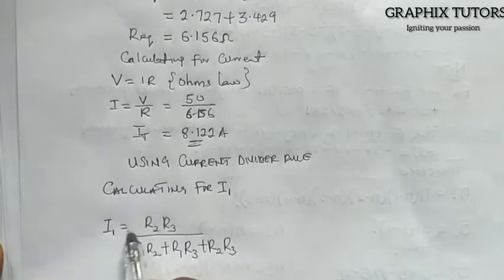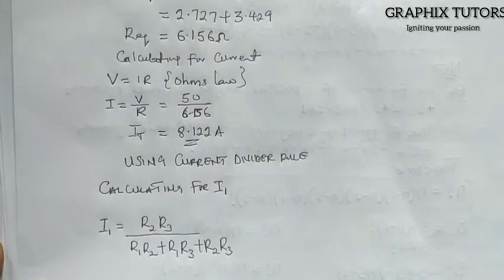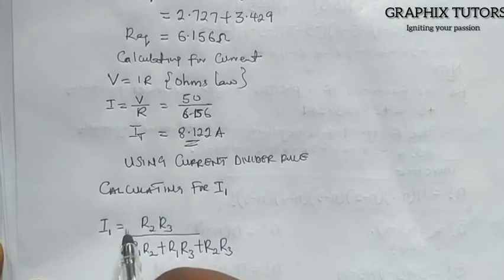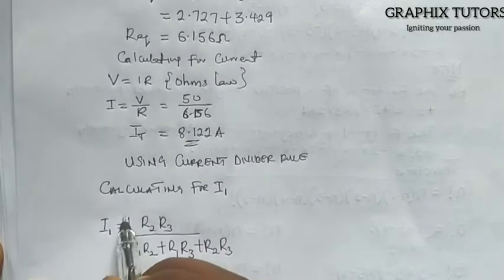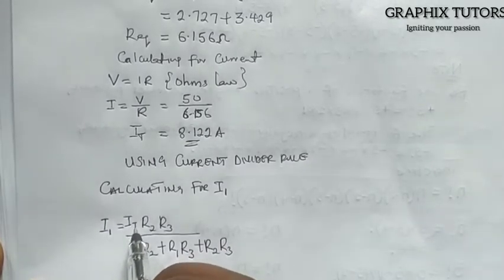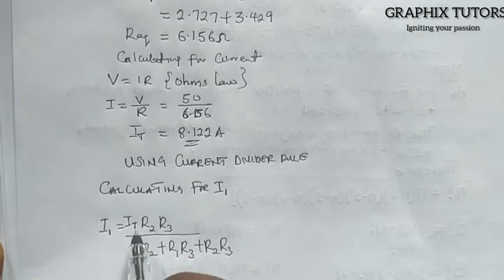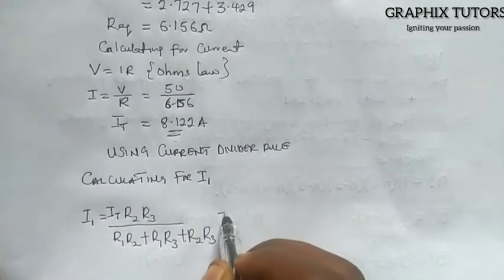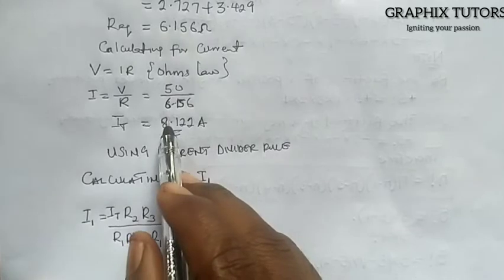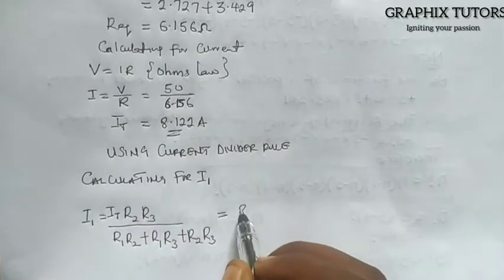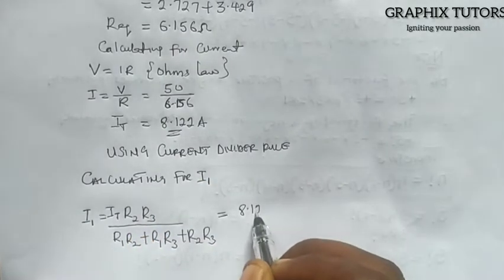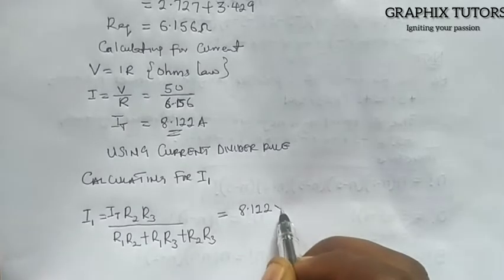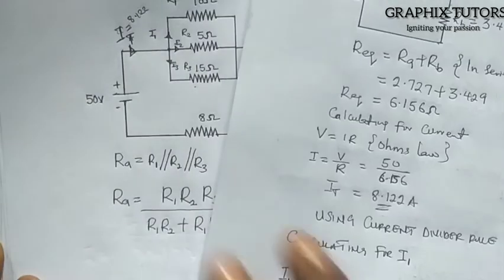Now I remove R1 because I1 is flowing through it. So because I removed R1, what would I do? I will now replace it with I total. So this will now give me my I total, which is 8.122, multiplied by R2. R2 is 5 ohms.